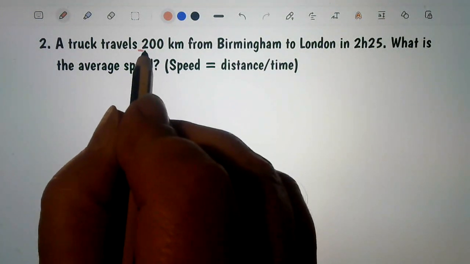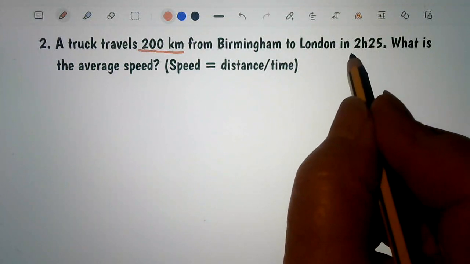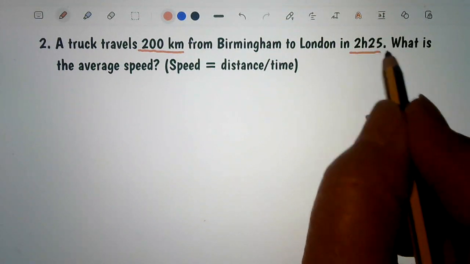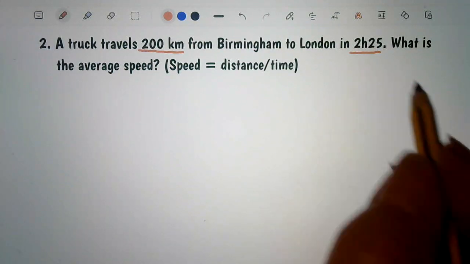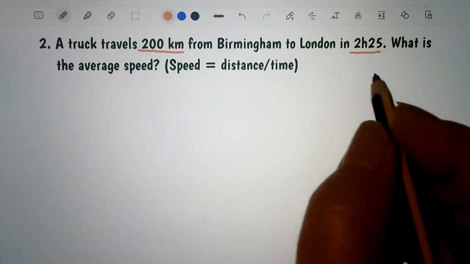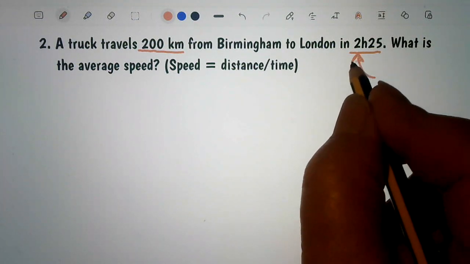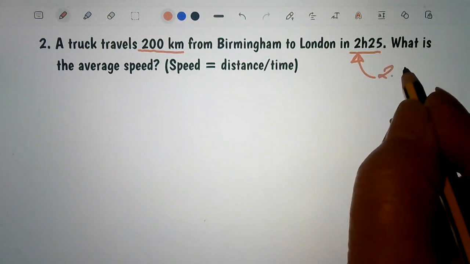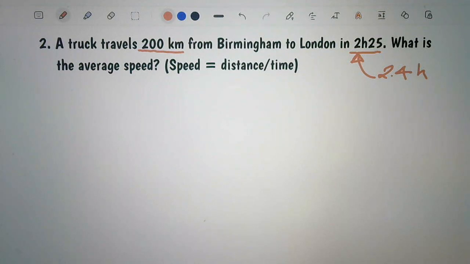So we've got a distance of 200 kilometres in 2.25 hours. Well, I want to convert that to a decimal, and actually I've cheated and already done that. It works out at about 2.4 hours as a decimal.